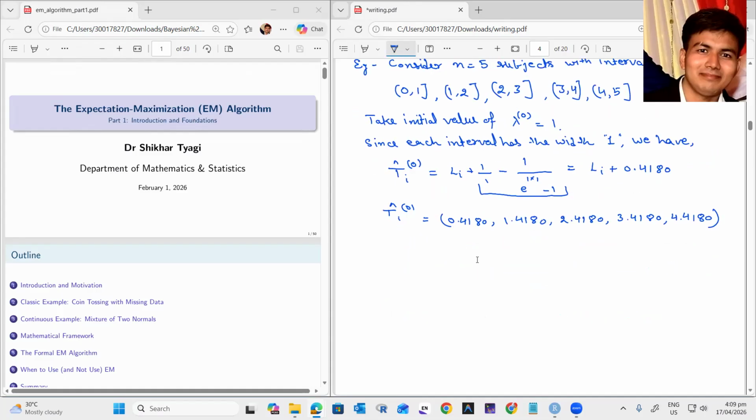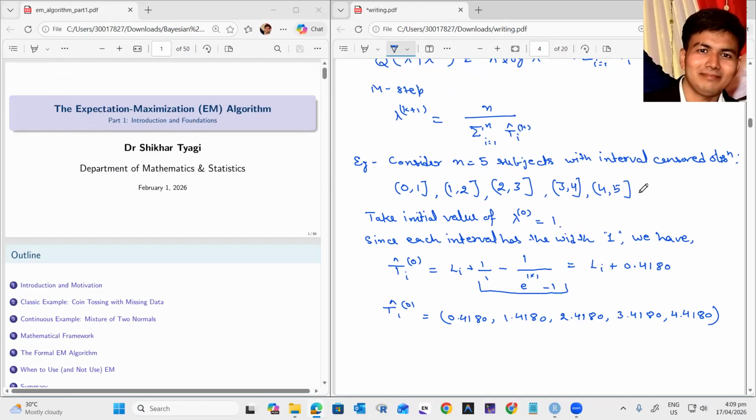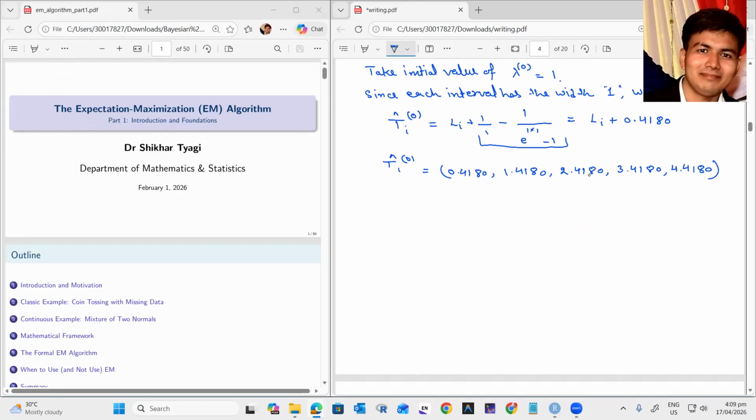Take the sum of all these values, because in the formula of Q we have the summation of Tik. The sum of Ti cap naught over i from 1 to 5 is 12.0901 when you add all of them.